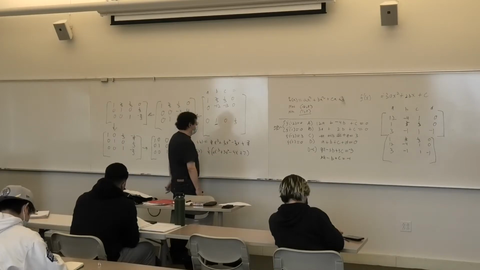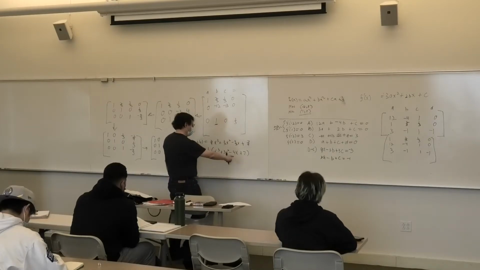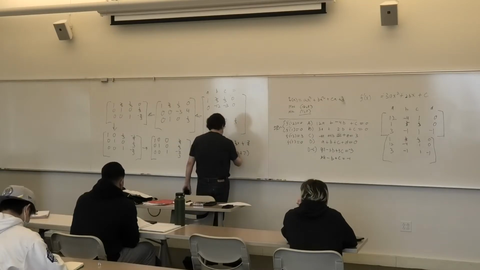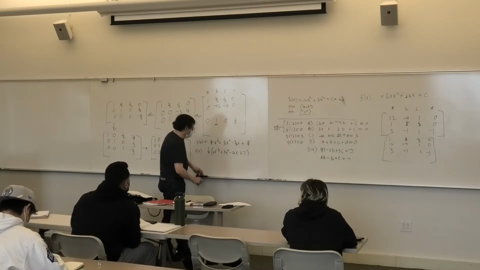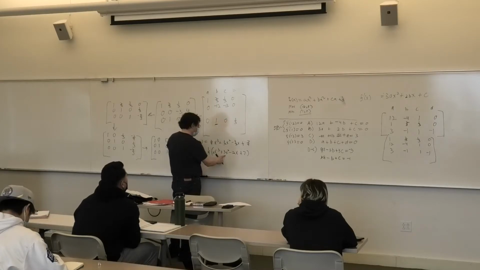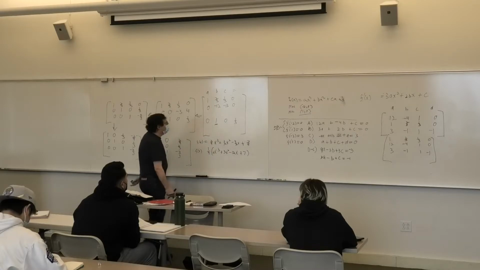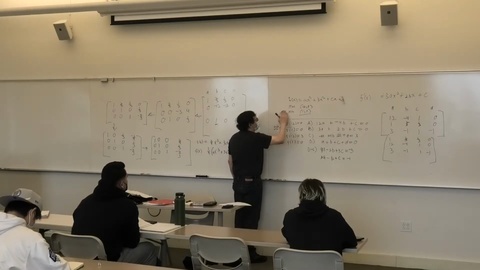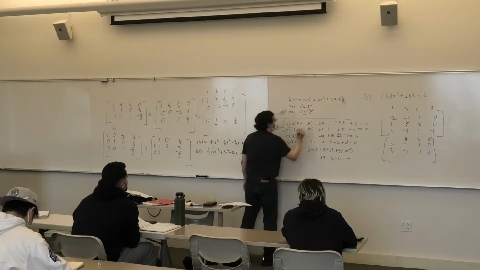No. Now, what did I do wrong here? Oh, this is 12. 12, all right, let's try that again. 2 plus 3 plus 7 is 12, okay. So I got this part right, 1, 0.